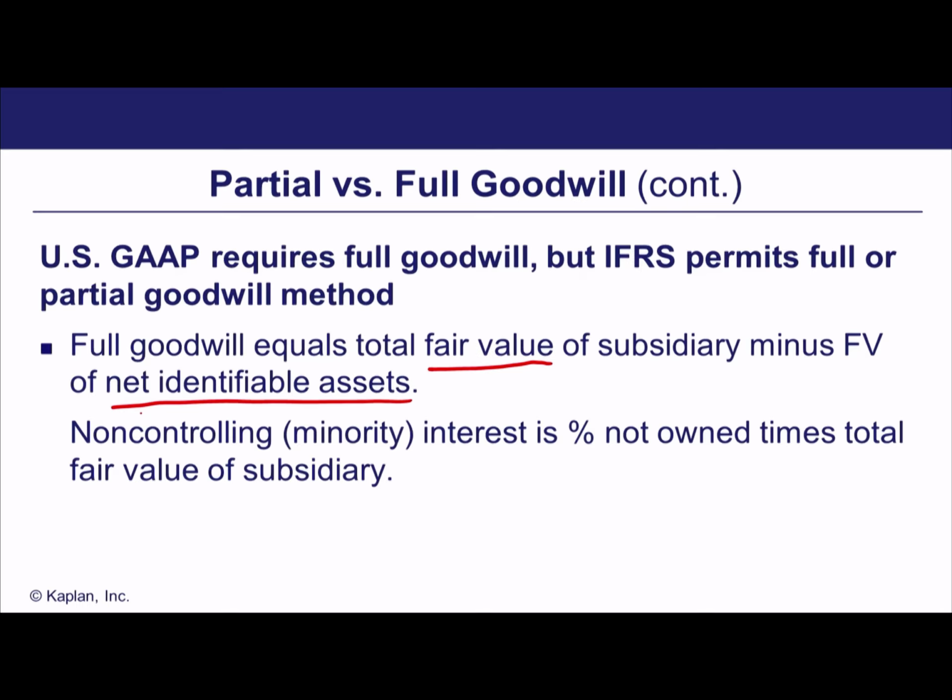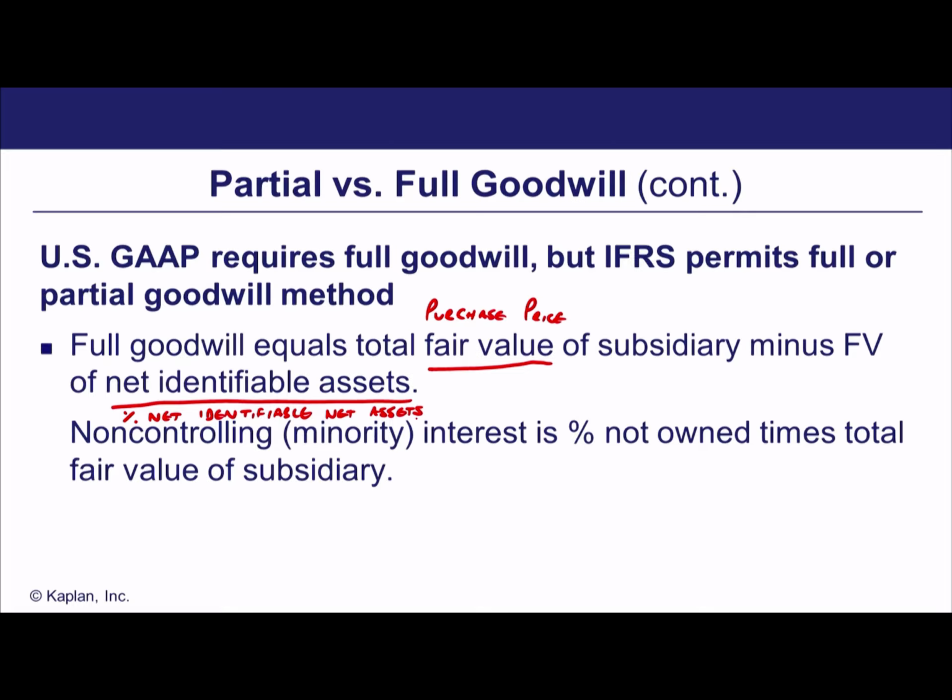Remember, with partial goodwill, we didn't talk about the fair value of the subsidiary, we talked about the purchase price. And of course, when we looked at the identifiable net assets, under partial goodwill, we talked about our share of net identifiable net assets.